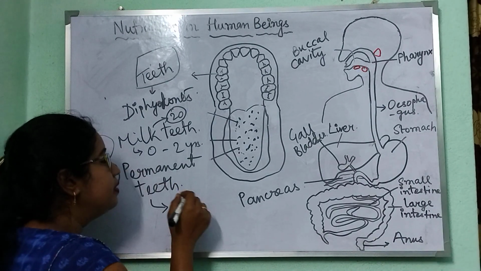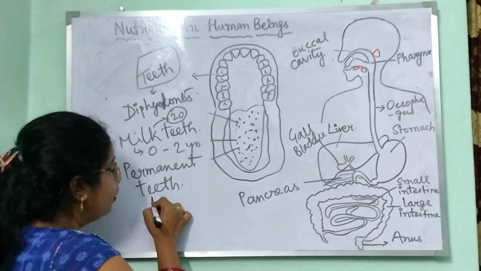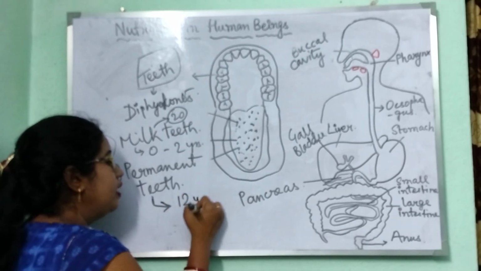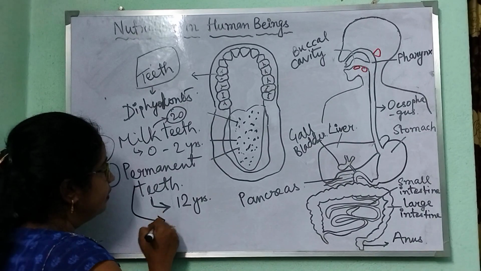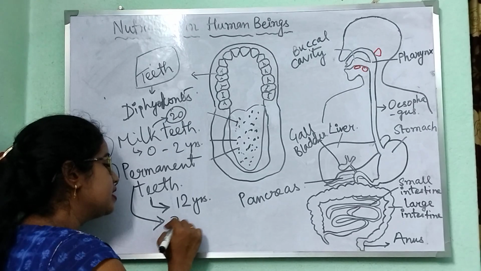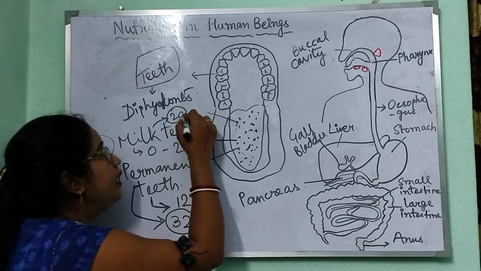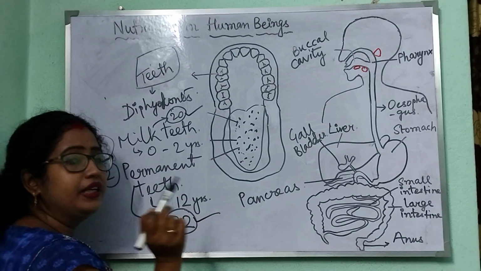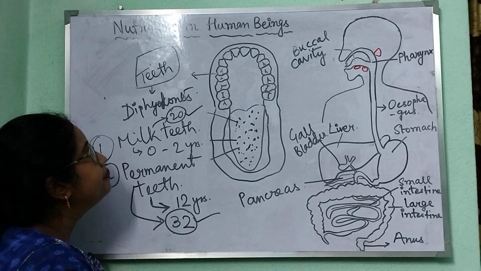The permanent teeth are fully grown or fully placed at 12 years of age maximum, and the number of permanent teeth is 32. So we have 20 milk teeth in our early stages and 32 permanent teeth in our mature stage of life.